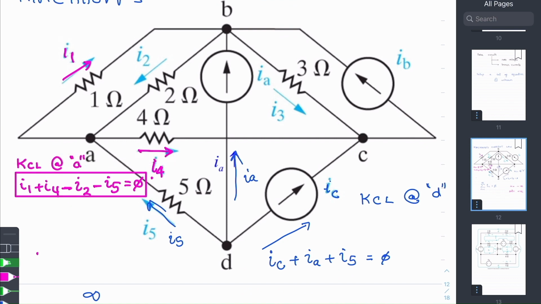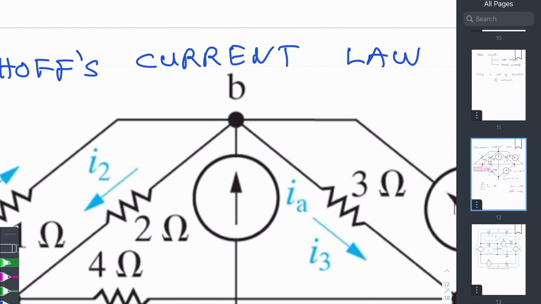Now, there is another way to apply KCL without worrying about sign, positive or negative, and that is looking at a node. Look at this particular node.